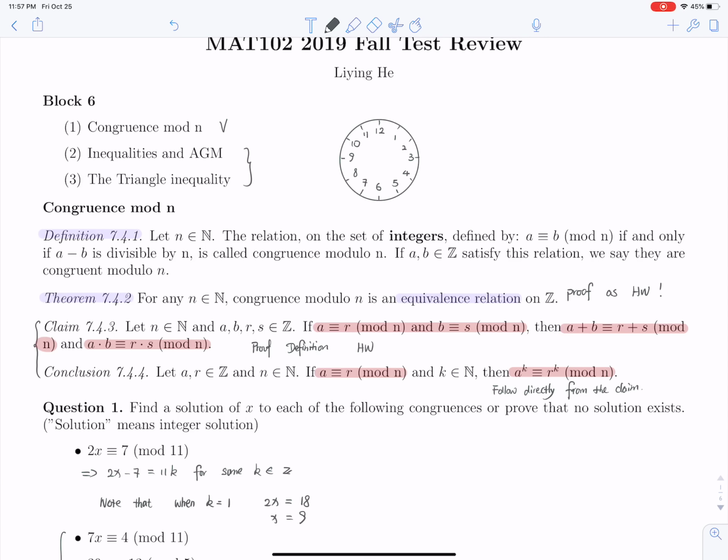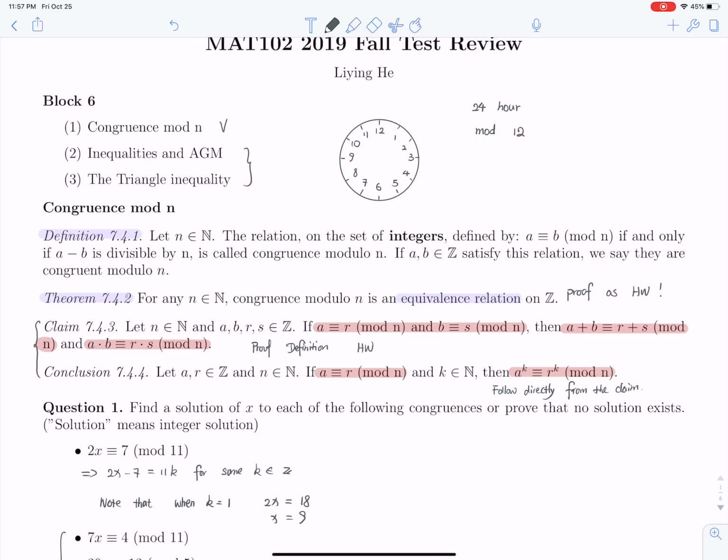Okay, so this is our clock. Now, I'm telling you, when we tell the time, we have 24 hours. If we use this, we are actually using mod 12.